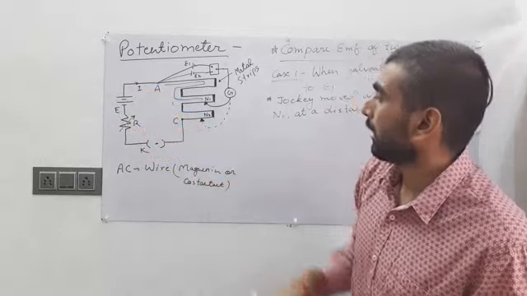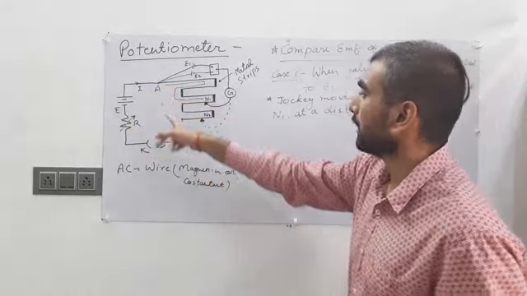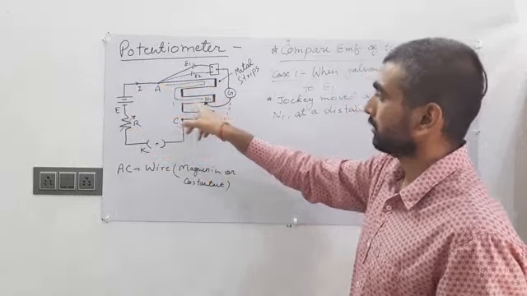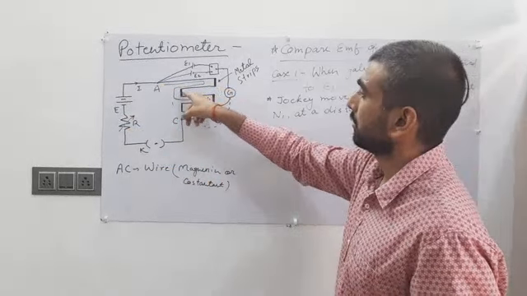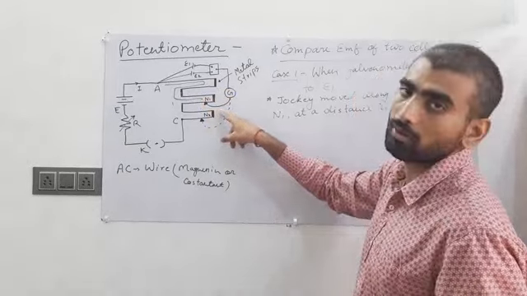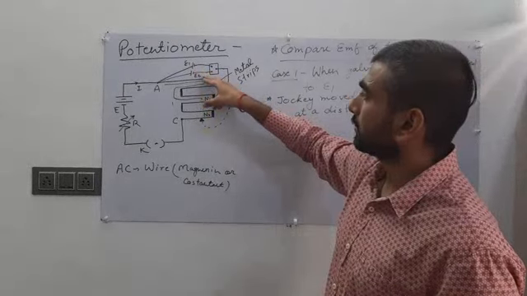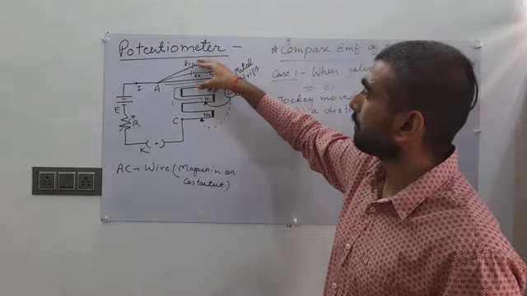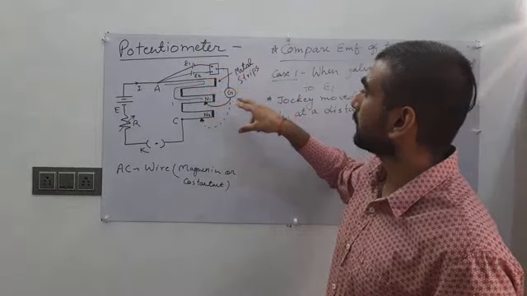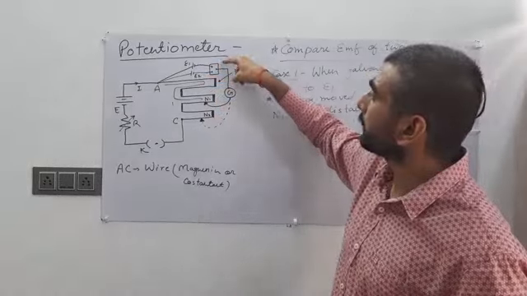This is the wire AC which is folded, and these are metal strips at the end of the wire. These are two cells with EMFs E1 and E2 connected through a galvanometer by a dual switch.